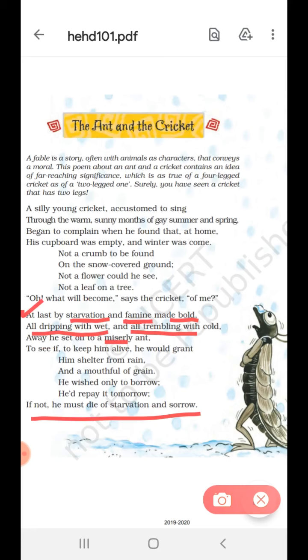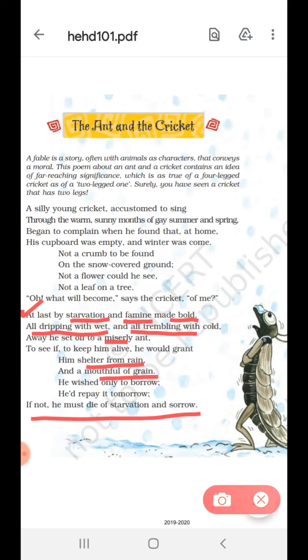Okay, that means we can say in Hindi it is also called something like kanjus. Fine. So he thought I should go and see a miserly ant. What would he go and see? He would see whether he would grant him shelter for rain and a mouthful of grain.